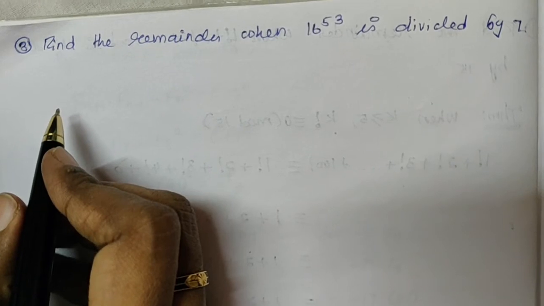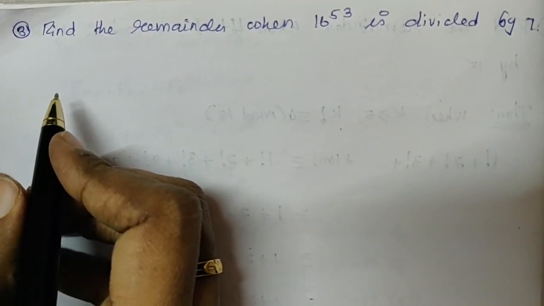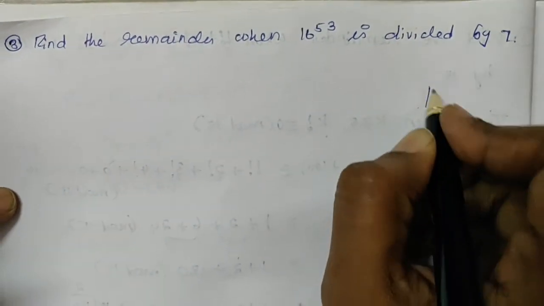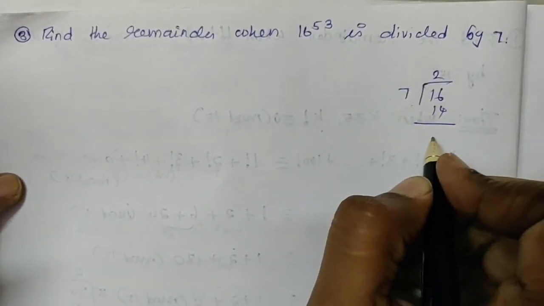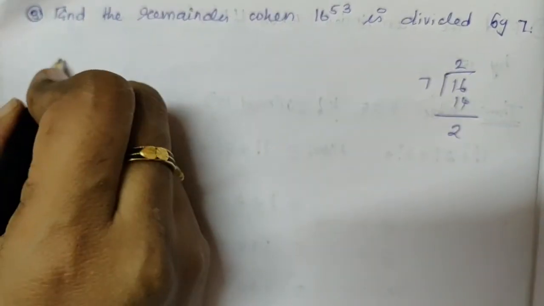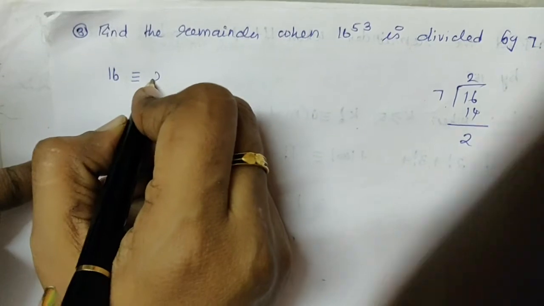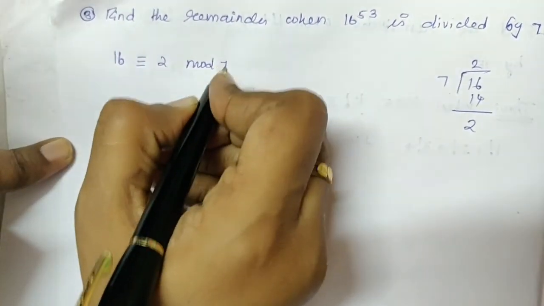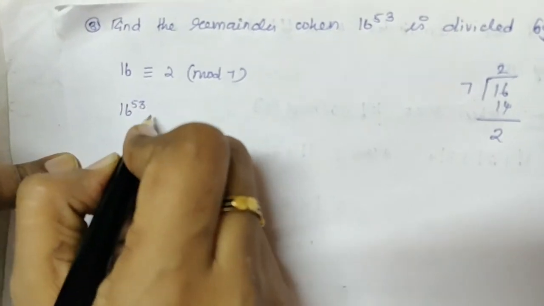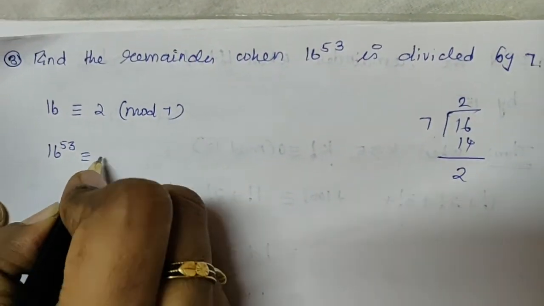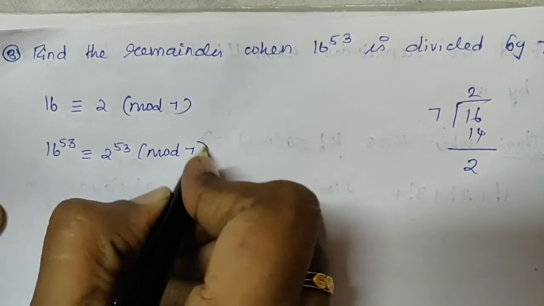Next problem. Find the remainder when 16 power 53 is divided by 7. When we divide 16 by 7, we will get 2 as the remainder. So 16 is congruent to 2 mod 7. So 16 power 53 is congruent to 2 power 53 mod 7.